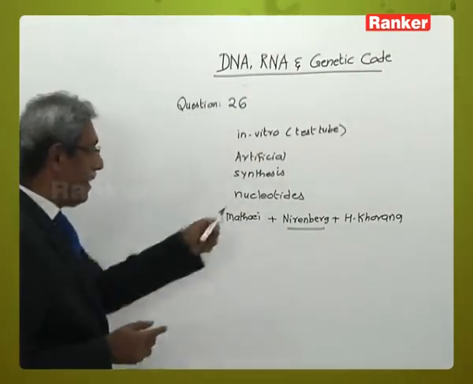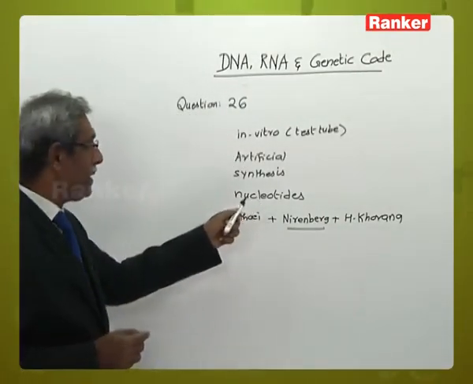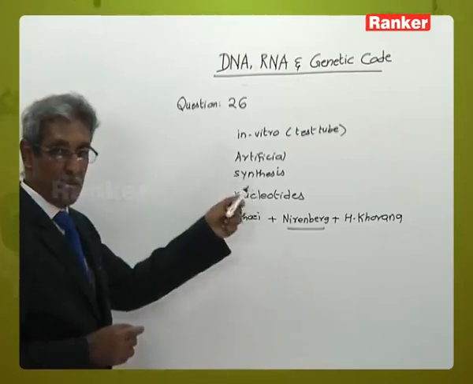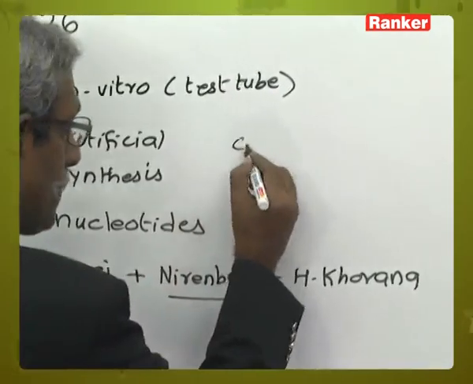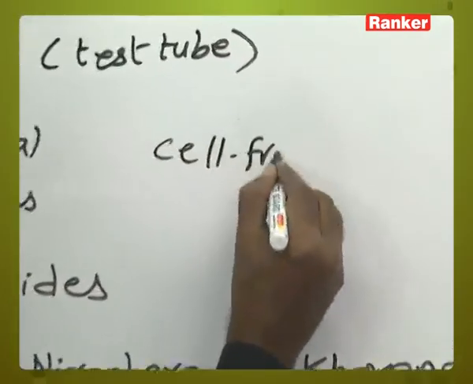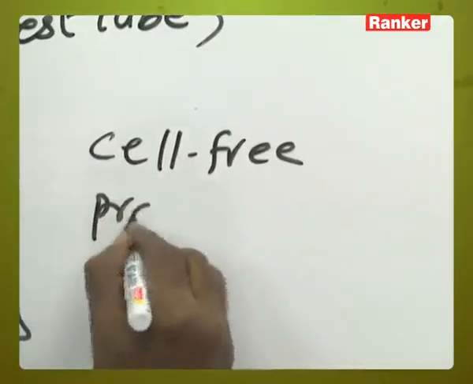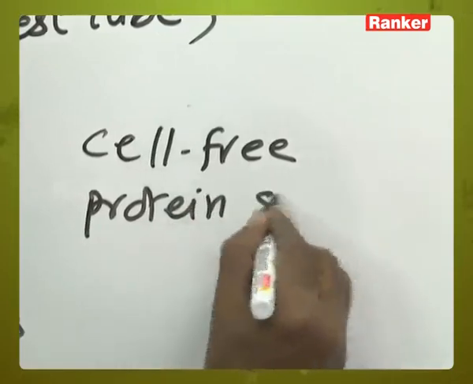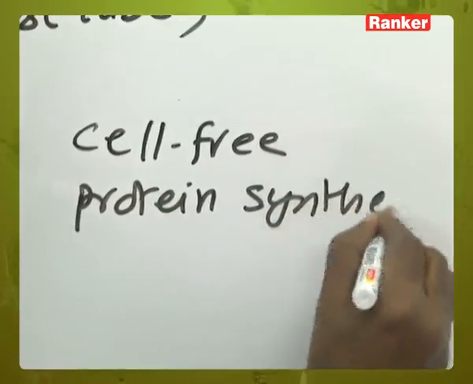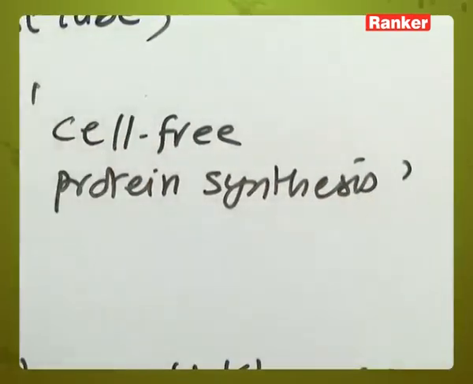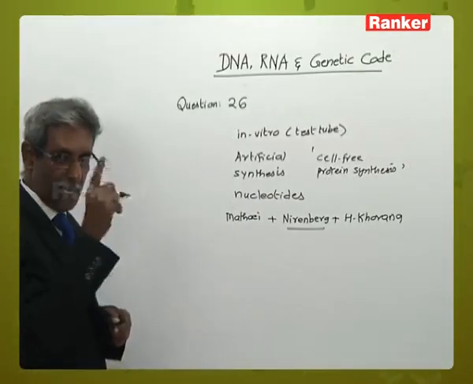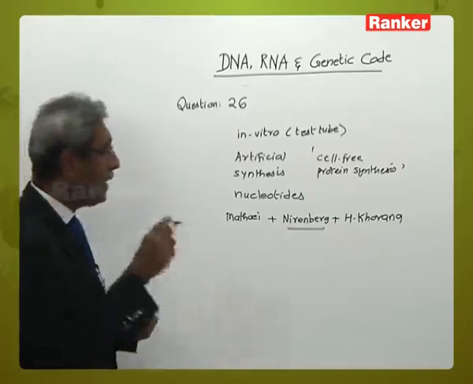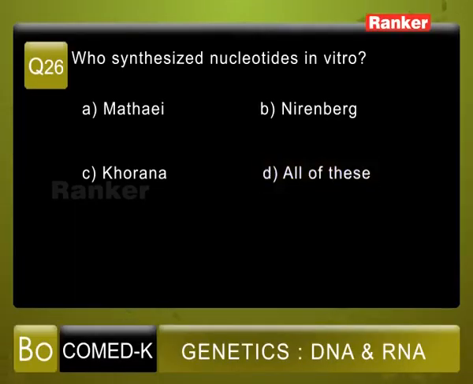This was the first evidence that nucleotides could be artificially synthesized, hence it is the basis for cell-free protein synthesis. Hence the answer for 26 is Matthaei, Nirenberg and Khorana, so the answer is D.